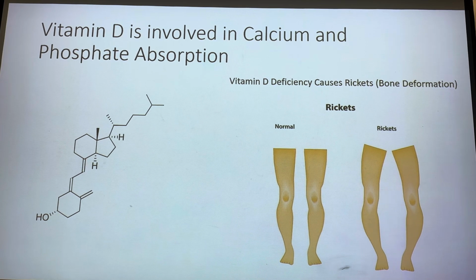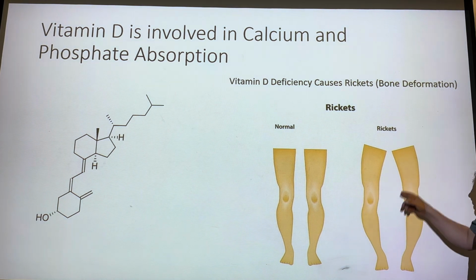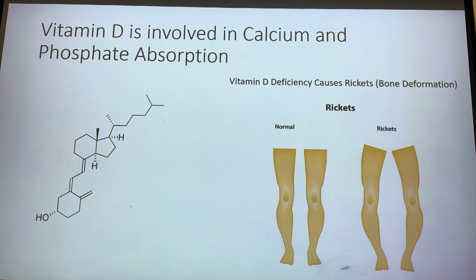Okay, then the next question is vitamin D. Vitamin D is involved in calcium and phosphate absorption. If you don't get enough vitamin D, you end up getting rickets. Okay, and that has a morphological symptom of poor bone development.